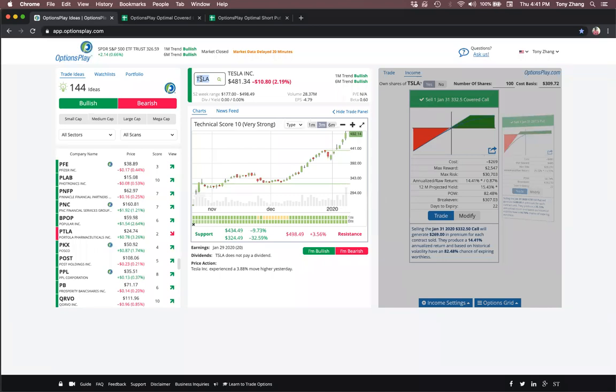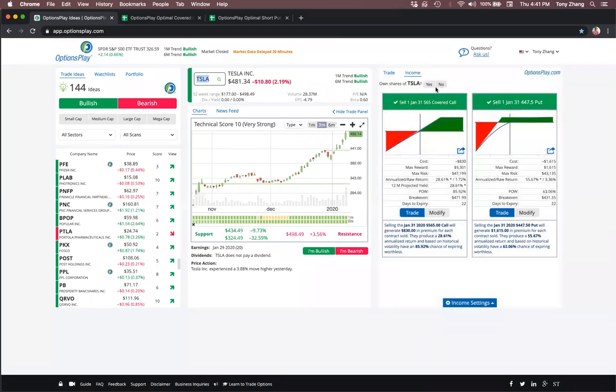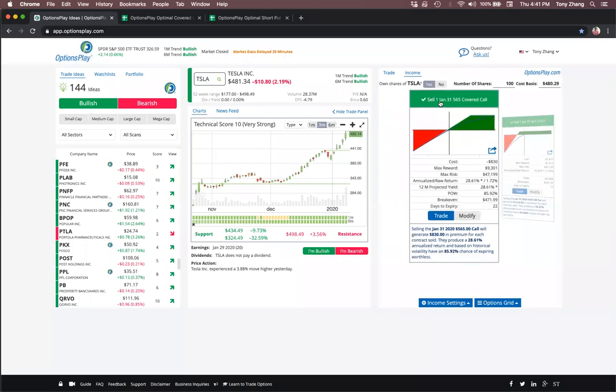So let's take a look at some examples here in Tesla. Now, this is a relatively large chain, so let's give this 1 second to load. So let's take a look at this. This is telling me to sell a January 31st 565 covered call. This stock has rallied $150 over the last month, and this is saying that it could maybe go another $80 to the upside in the next 22 days.